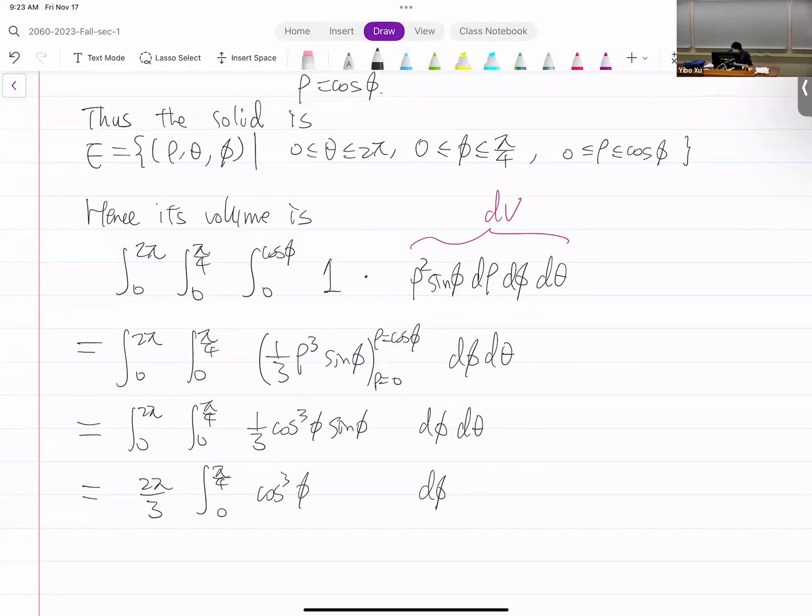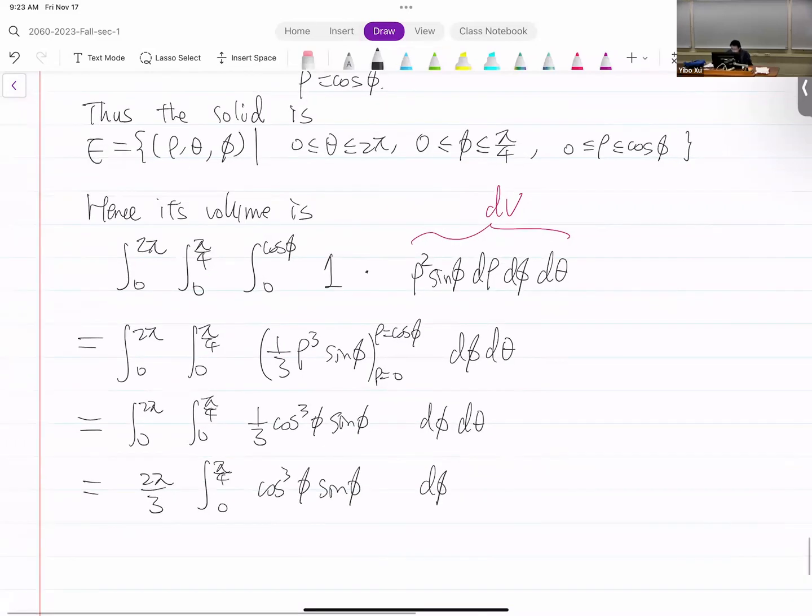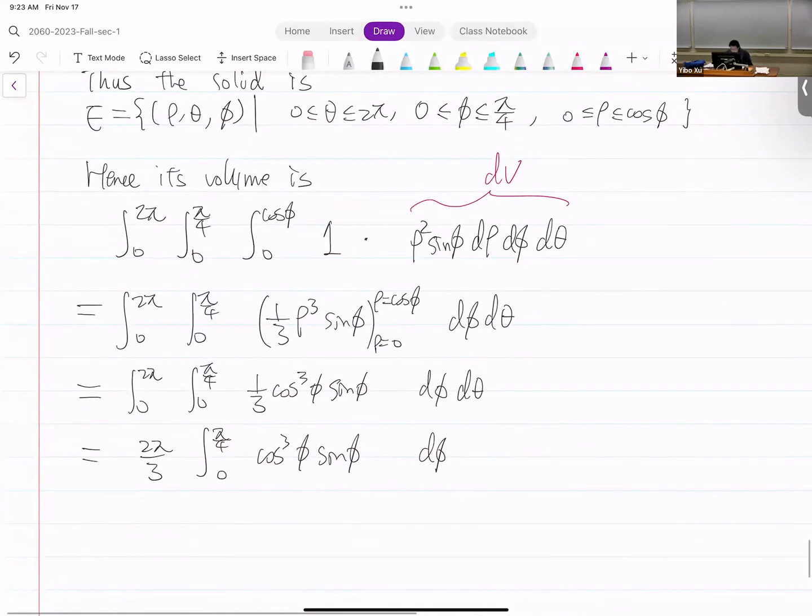Cosine cubed sine, if you recall, is a really traditional trig integration. The trick here is that both of them have odd powers, so you can use u-substitution, let's say u equals cosine phi. Make sure to write down the details for that.